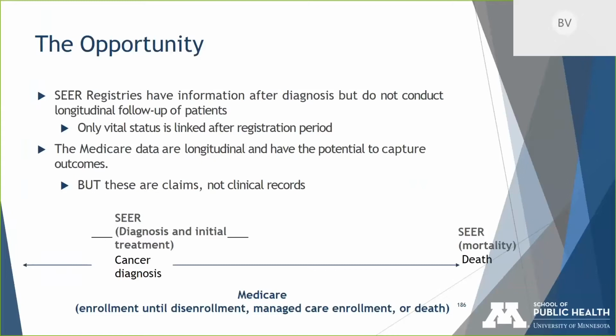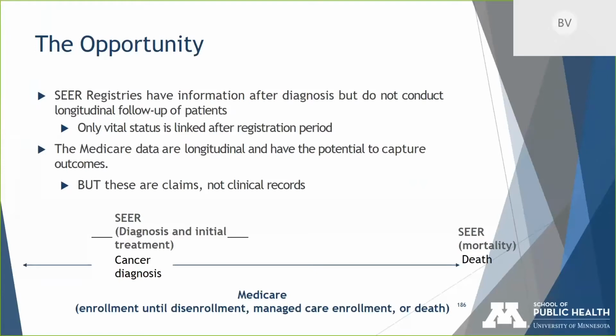You don't necessarily have the severity of their disease. So you get a lot of great information from the SEER data, but it is restricted to that period of diagnosis and initial treatment. And then they do include some mortality data, but that's just the death data. So you have their death date and their cause of death, but you don't have anything between those two time periods. Medicare data can help us fill in the gaps.